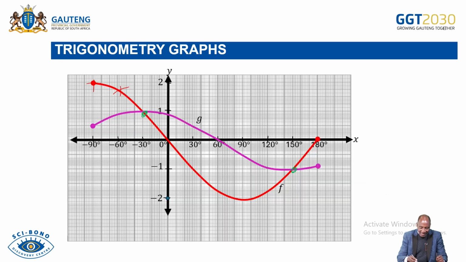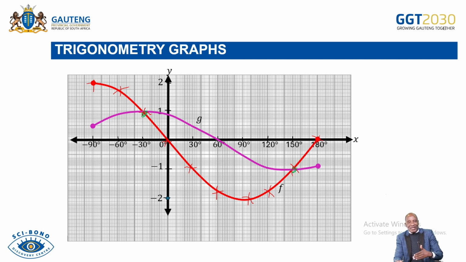The next point is going to be negative 30 versus 1. You mark all the points all the way down until all your points have been plotted. This is what we mean by point after point plotting of the graph. Then from there you join using a smooth curve.